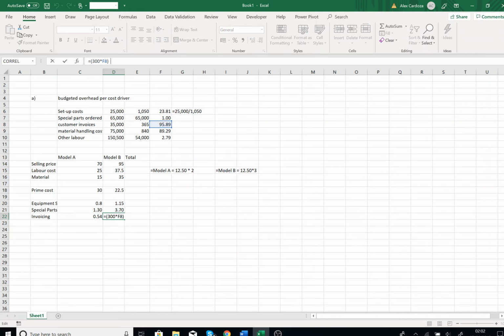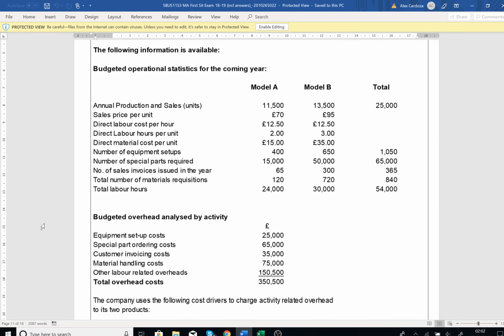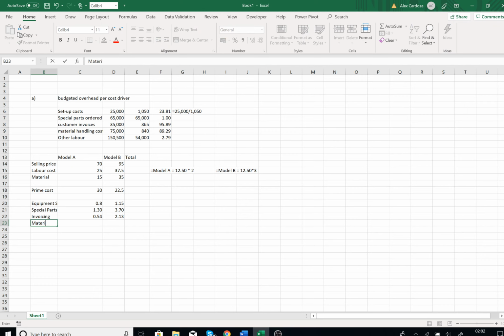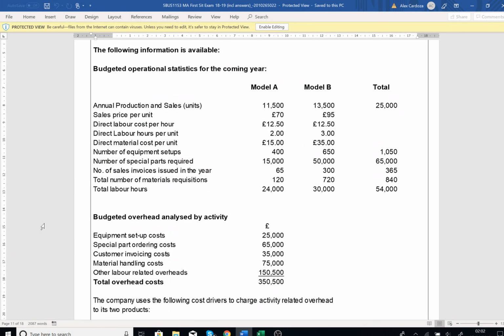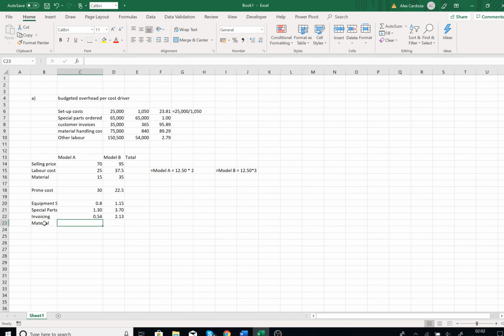And then we will divide that by 13,500. Okay. And then we've got material, and then material at 75,000.